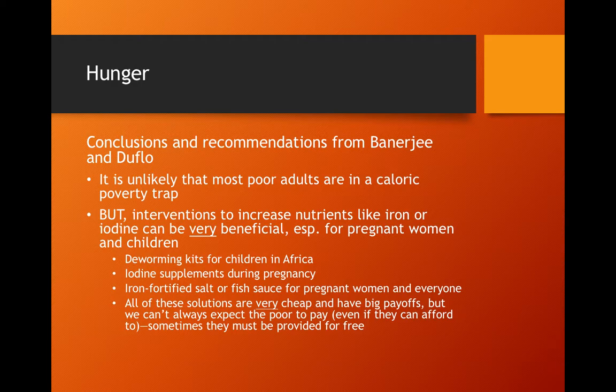So Banerjee and Duflo give the example of fortified fish sauce in Indonesia. A year's supply of this fish sauce costs $7. But for a worker who uses it, it's estimated that they can make $46 more from the productivity gains that they would get from not being iron deficient.